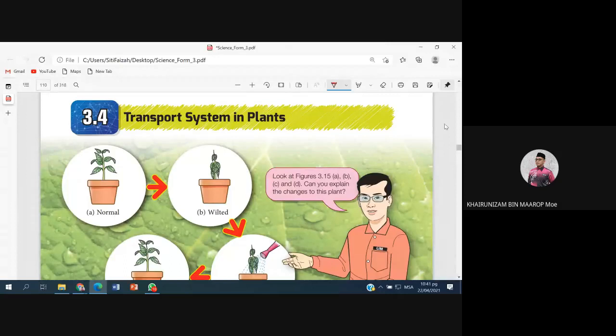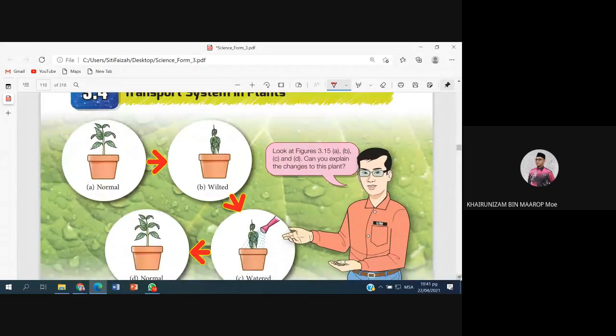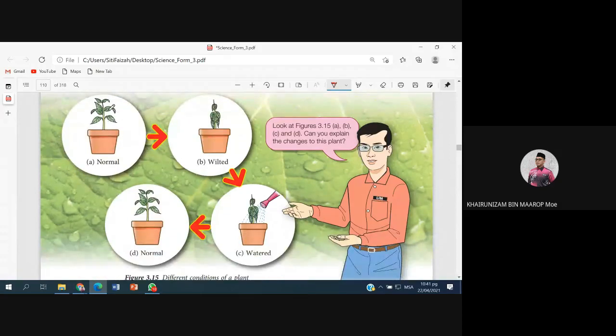Okay, if you look at this figure, this is a normal plant. A and B, the plant was wilted because it did not receive much water.